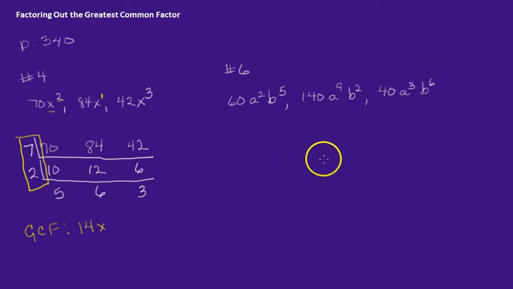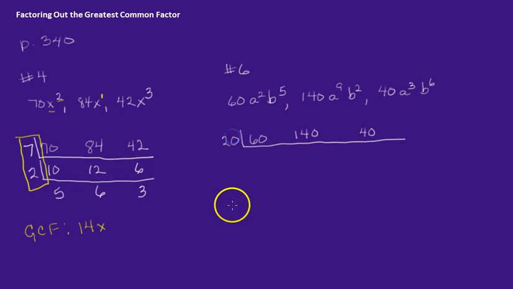Now, how would we find the greatest common factor for this set of numbers? Well, we're going to start the same way that we started the other one: I'm going to draw an upside down division symbol and write each of these numbers in here. So we've got 60, 140, and 40. I know that each of these has a factor of 20 in common.